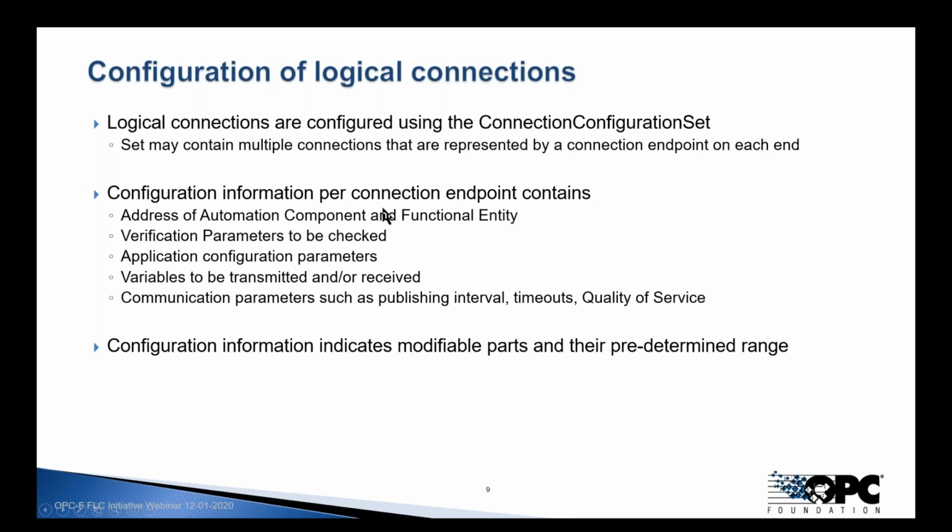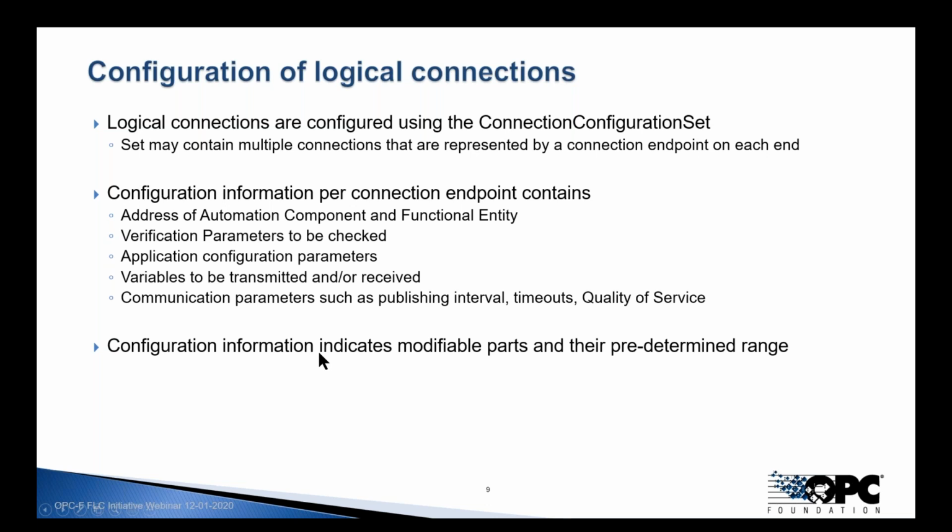And per connection endpoint, you have all that information: what we need to check, for example verification parameters, what we need to apply, application configuration parameters, and also communication parameters. We also have the address of the automation component and functional entity of that logical connection partner. And remember, for each logical connection, you have this information twice, for the left and the right endpoint.